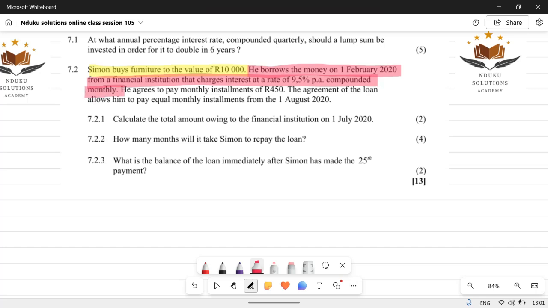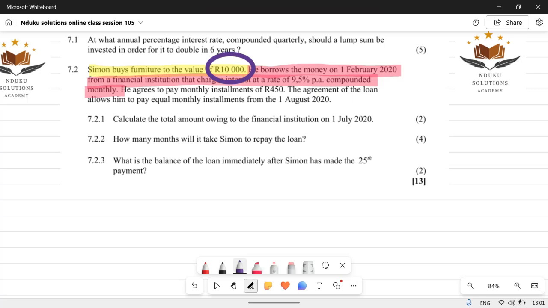This is the second statement. Within the statement, he borrows the money on 1st of February from a financial institution that charges an interest rate of 9.5% per annum compounded monthly. How much does he borrow when he gets to the bank? That 10,000. So he goes to the bank and says, "Bank, I need 10,000 to buy the furniture cash at the shop."